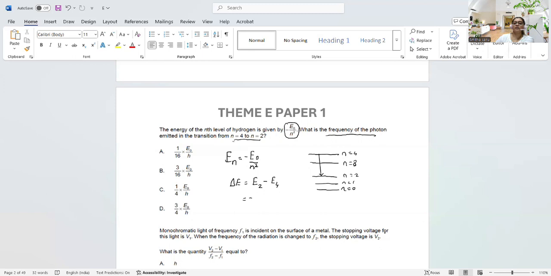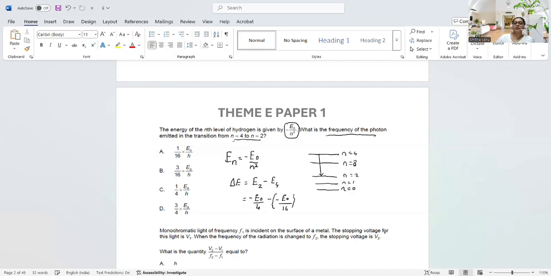So your first step will be minus E0 over 2 square, which is 4, minus, minus E0 over 4 square, which is 16.